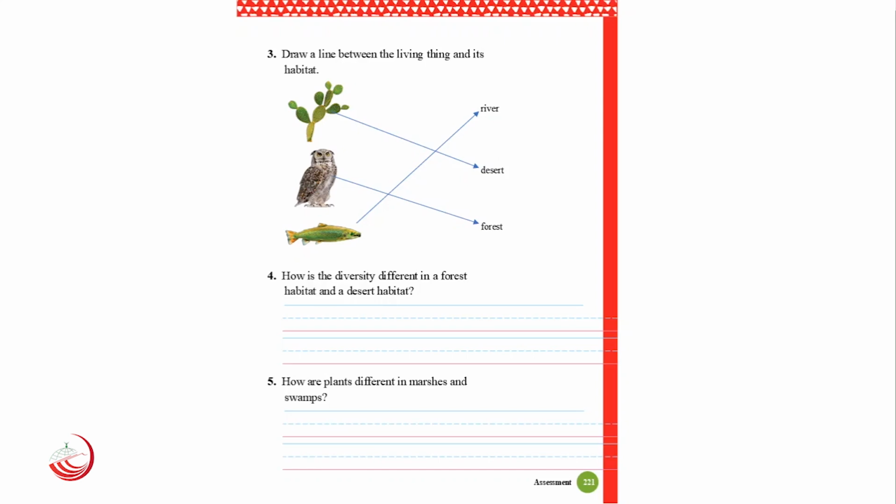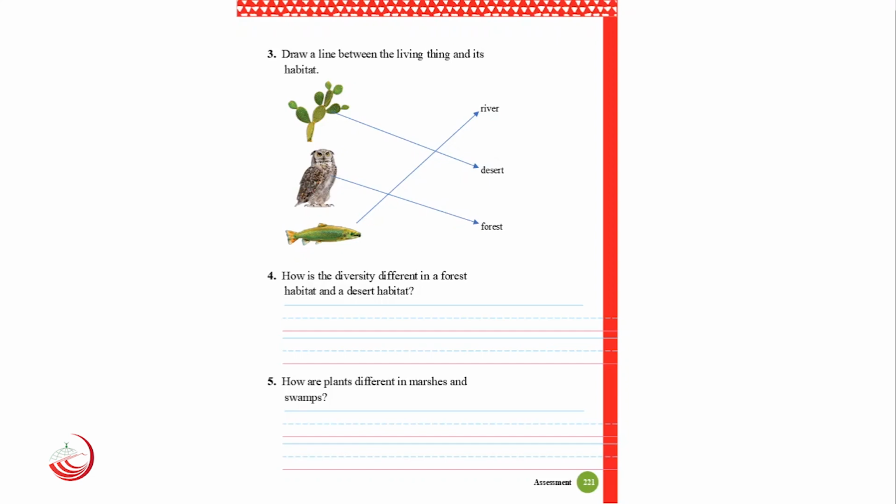Number 4. How is the diversity different in a forest habitat and a desert habitat? Again, diversity. What is diversity for the 30th time? Diversity is having different types of animals and plants in the same place, in the same habitat in that case.